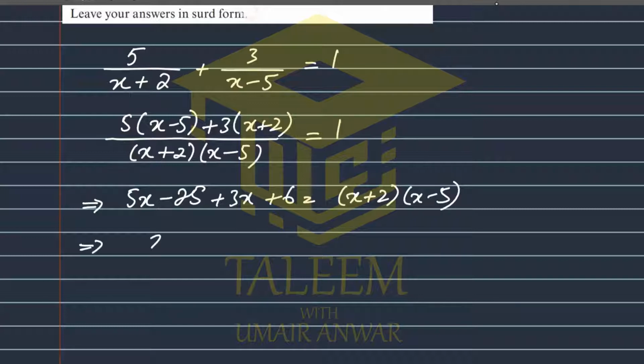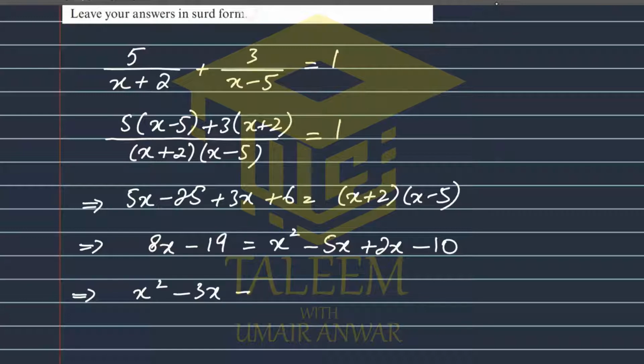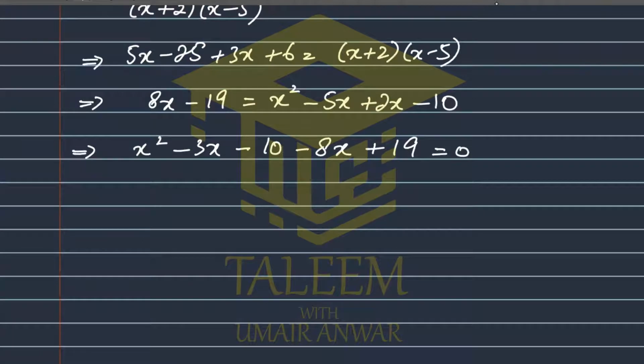On the left hand side, we get 8x minus 19. On the right hand side, it becomes x squared minus 5x plus 2x minus 10. So if I move everything to the right hand side, there is x squared minus 3x minus 10, and then a minus 8x plus 19 is equal to 0. So we get x squared minus 11x plus 9 is equal to 0.